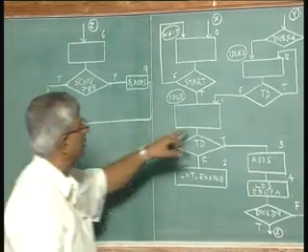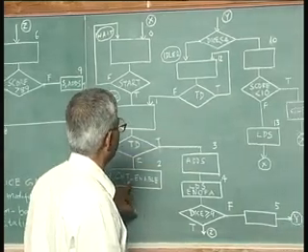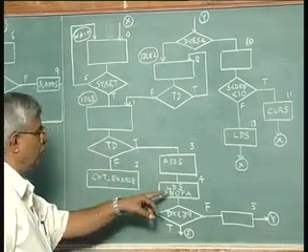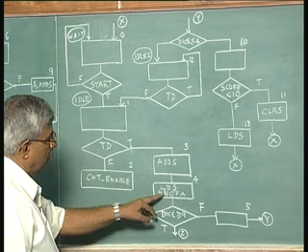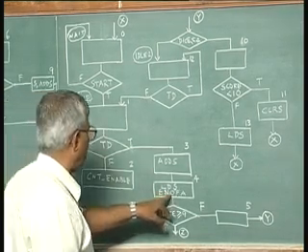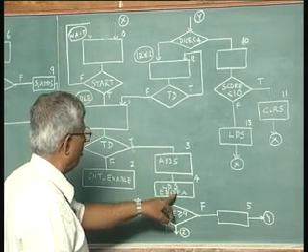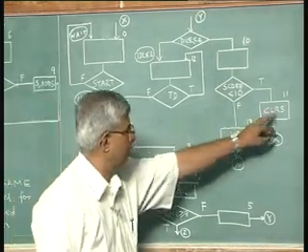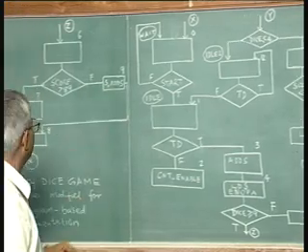Outputs are count enable, add score, load score, enable number of attempts, enable the number of attempts counter, clear score, again load score, add score.